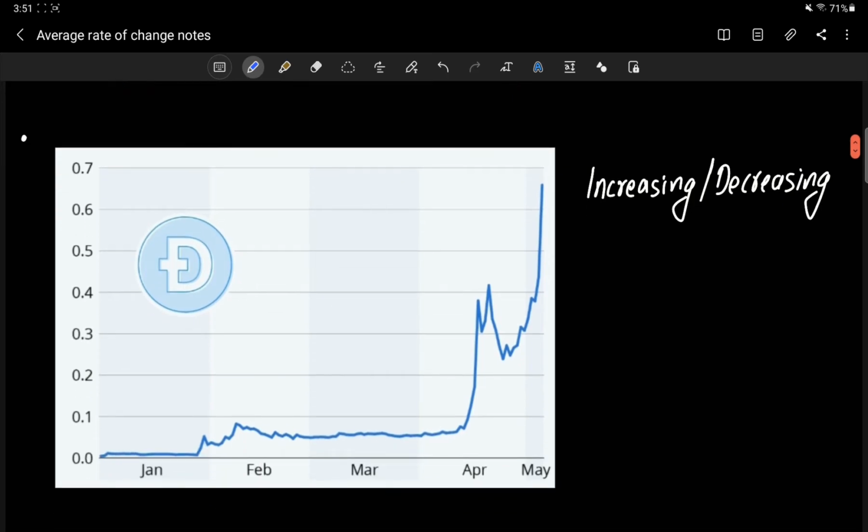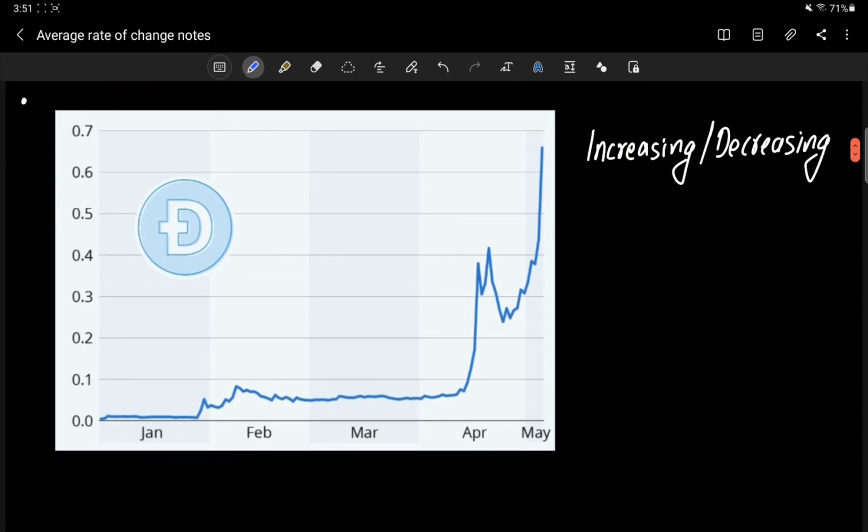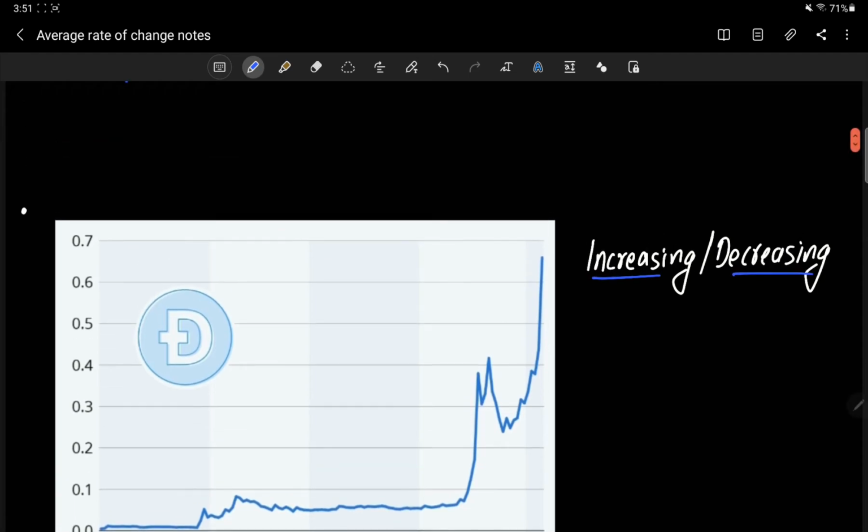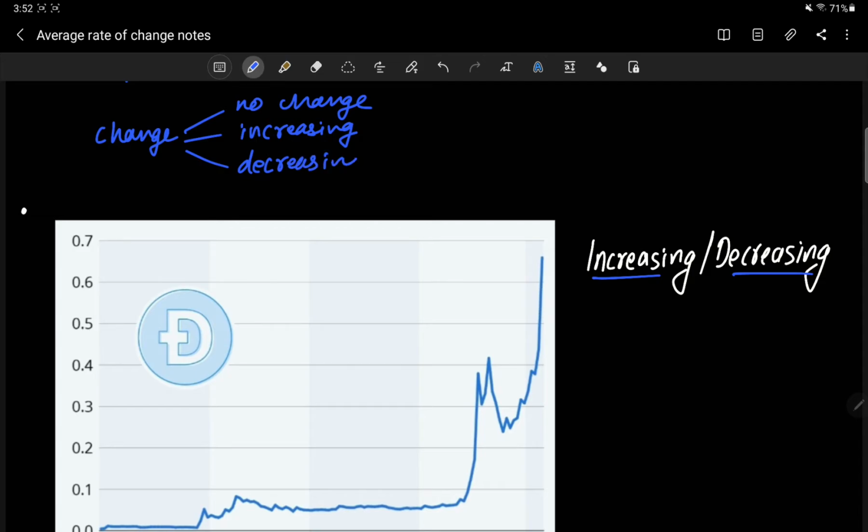One important thing we always talk about when we say change is that there are three things that can happen. Either there's a simple case of no change, or something increases, or something decreases.